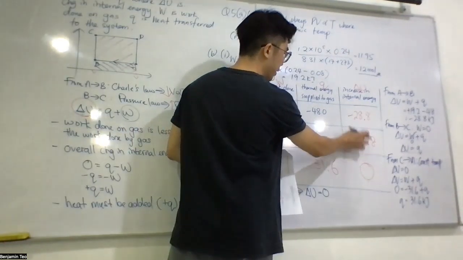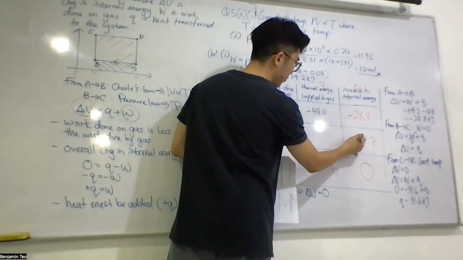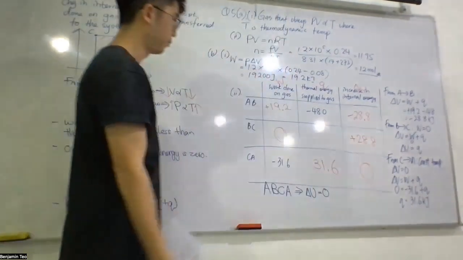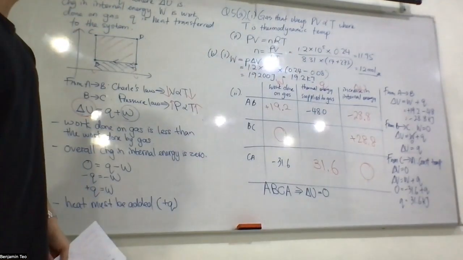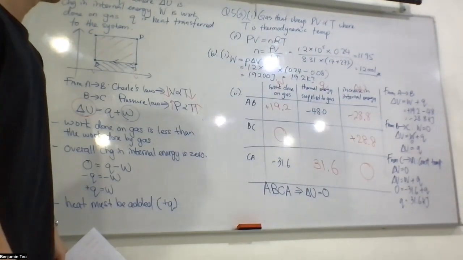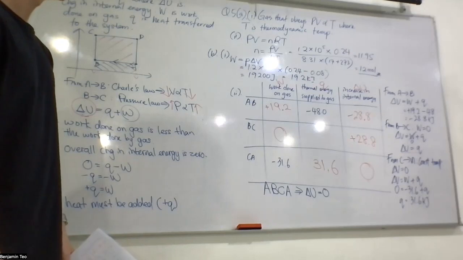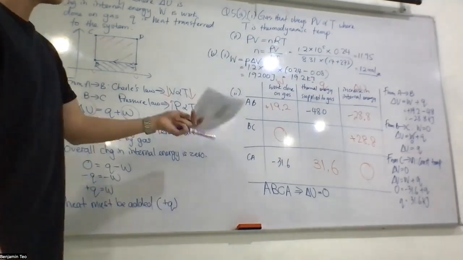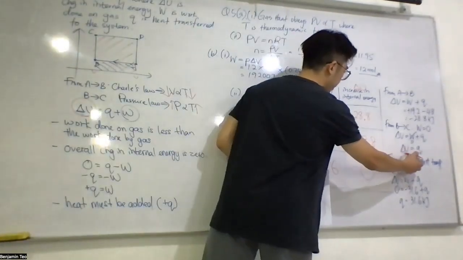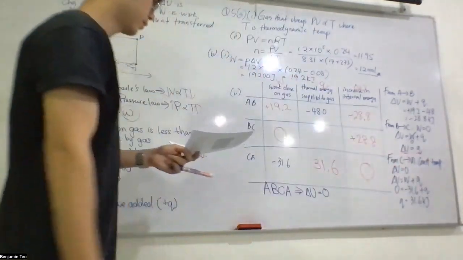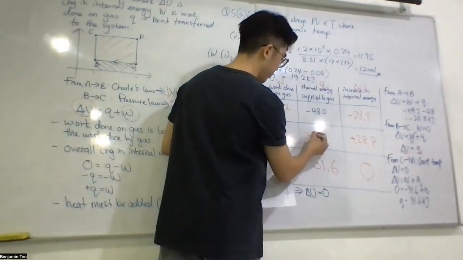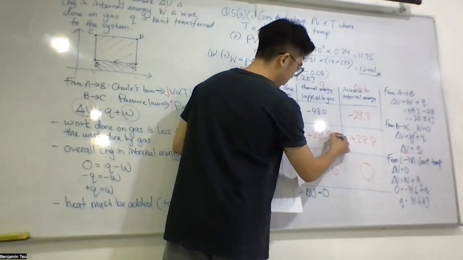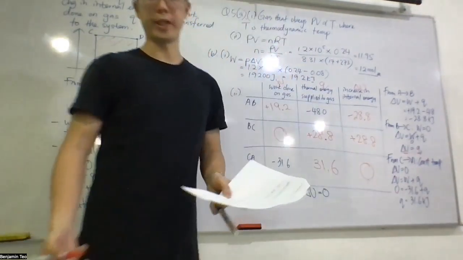So this will be equal to this one, but positive. Then you calculate the final Q. This one is the same as this one, so this will also be positive 28.8.